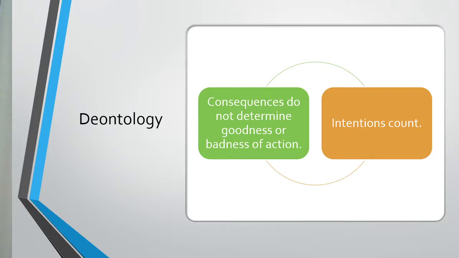Deontology says consequences do not determine the goodness or badness of an action, but intentions count. If she's mad at me and pissed off at me because I saved her and she didn't want to be saved, well, I still acted ethically because I saw someone in trouble and I tried to help.